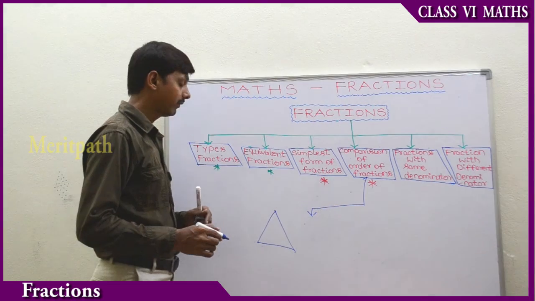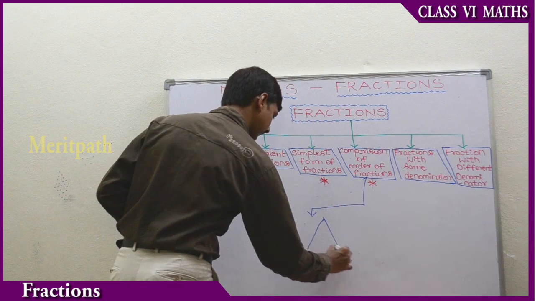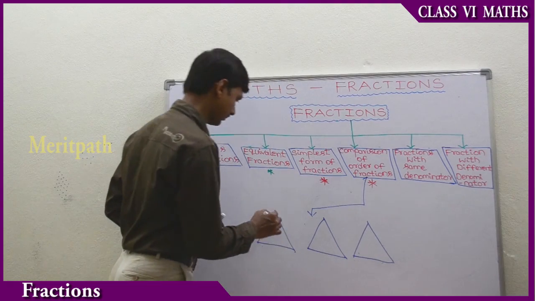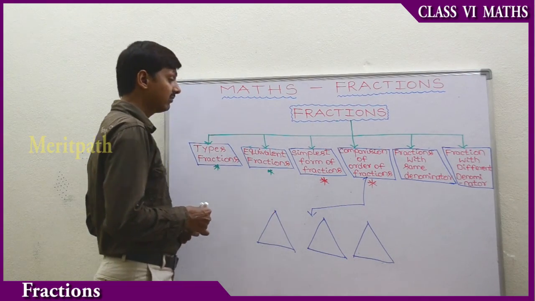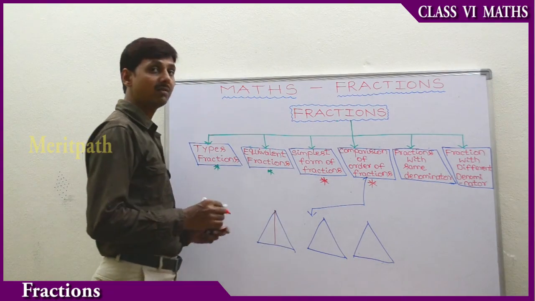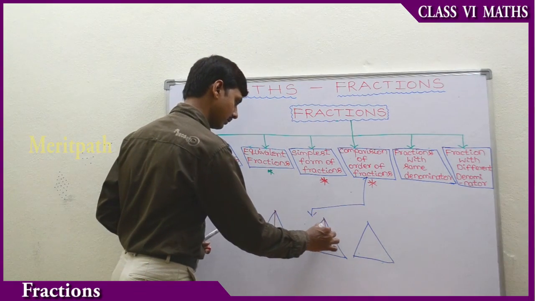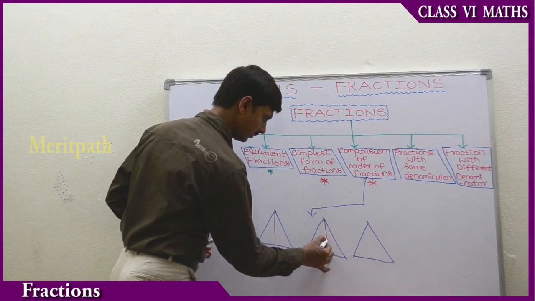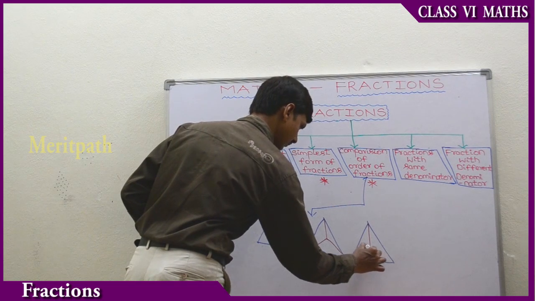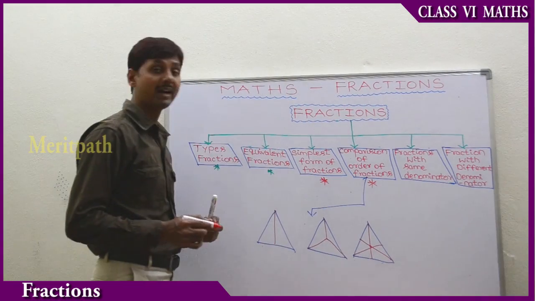Some pictures: we have taken the diagram of a triangle. We divide this triangle into some parts. This one is divided into 2 parts, this one is divided into 3 parts, and this one is divided into 6 parts.